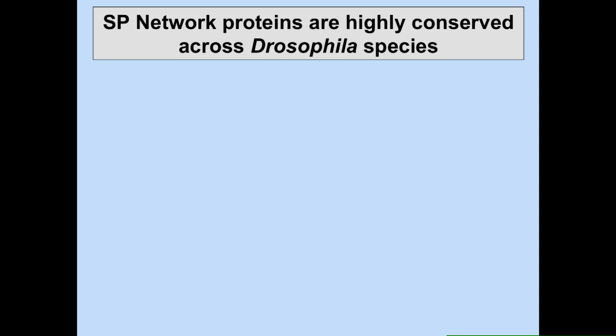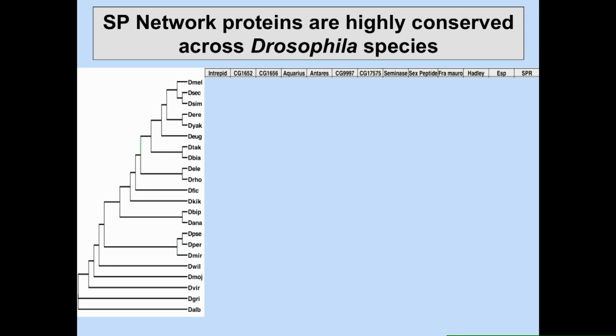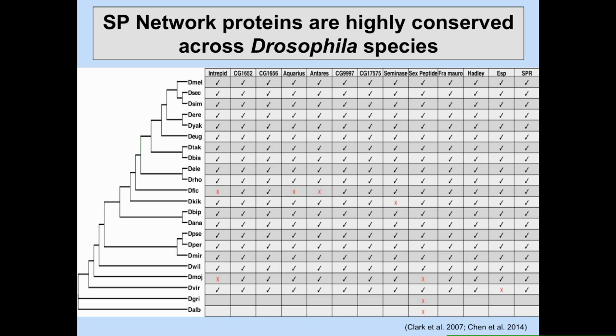One of the first things that we looked at is which sex peptide network proteins are present in which Drosophila species. In this table, check marks represent presence of an ortholog. And of course, Drosophila melanogaster has the full set of sex peptide network proteins. As you can see by the prevalence of check marks, almost every species has an ortholog for almost every sex peptide network gene, even including the species prior to the appearance of sex peptide receptor in the female reproductive tract.